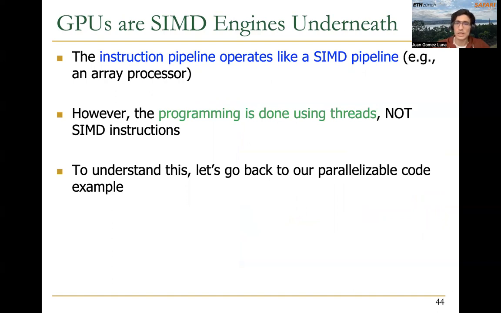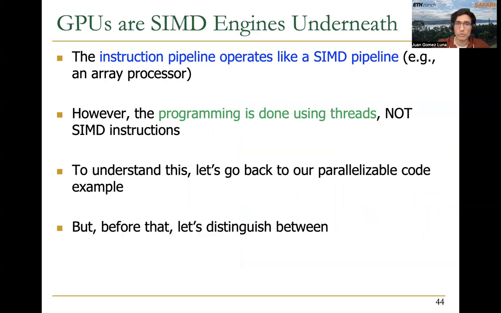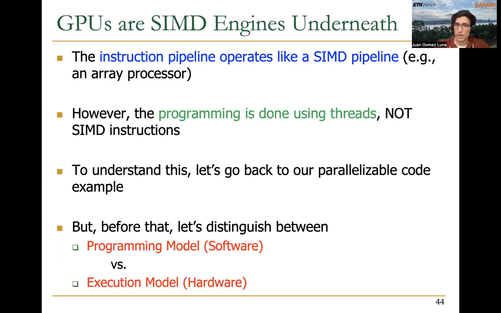To understand this, we are going to go back to our parallelizable code example, but first, we are going to distinguish between programming model and execution model. Programming model refers to the software, the way we write a program. For example, I just said GPUs are not programmed using SIMD instructions, but they are programmed using scalar threads.